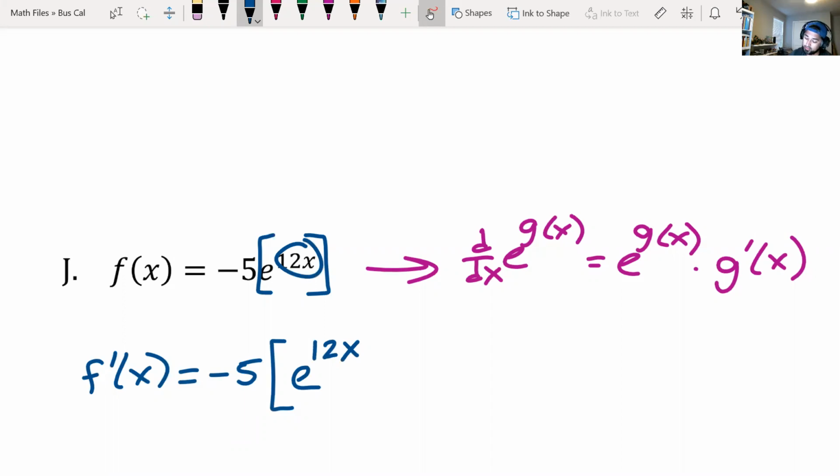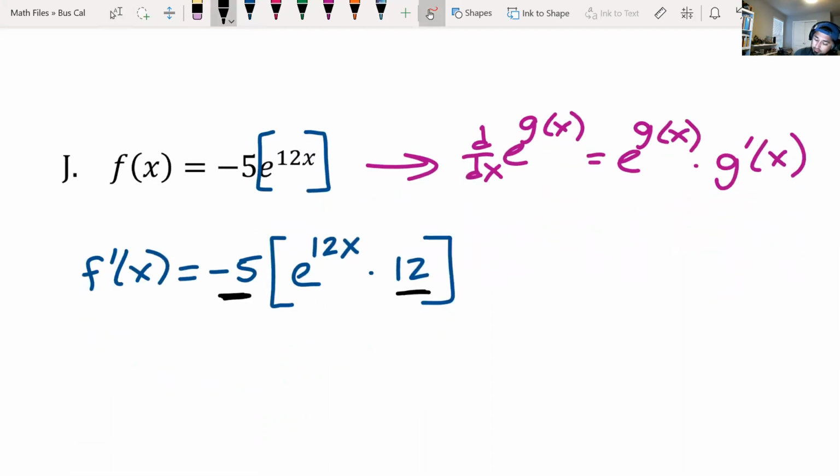What's the derivative of 12x? 12. There you go. That follows that formula exactly. And now all we have to do is multiply that negative 5 by that 12. Negative 60 e to the 12x.